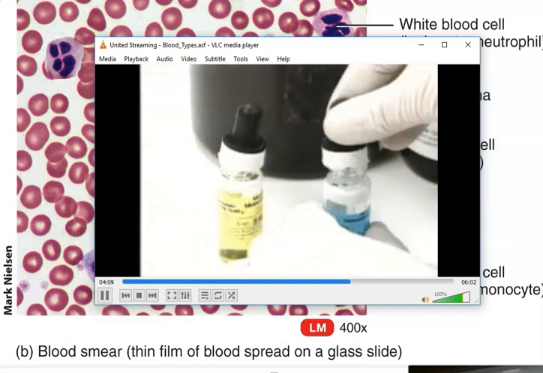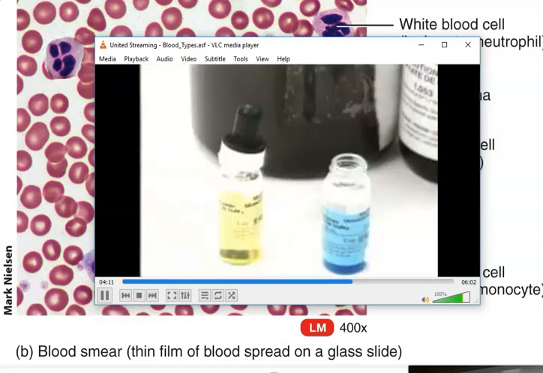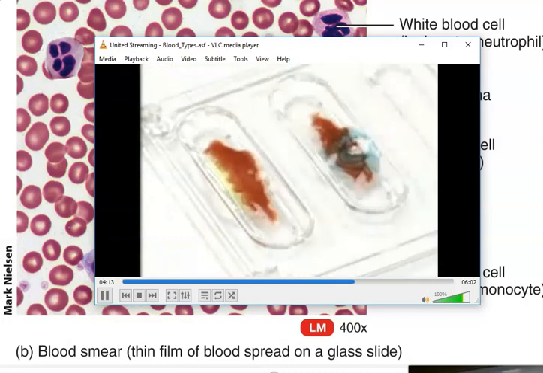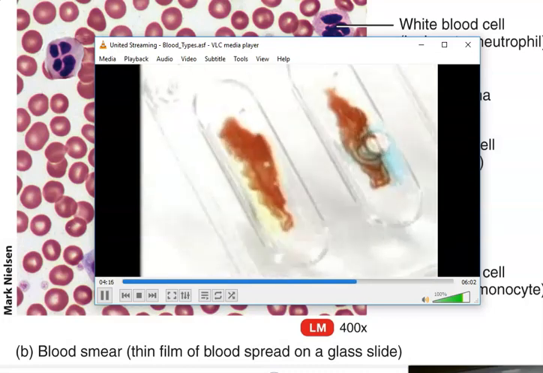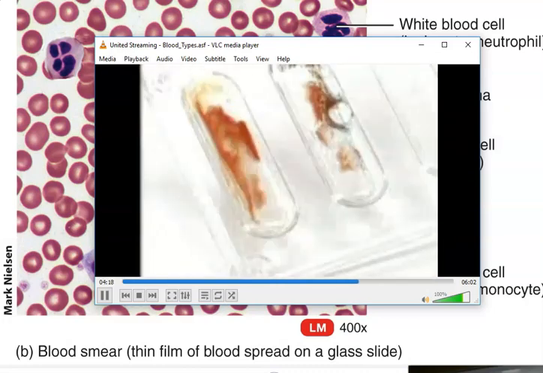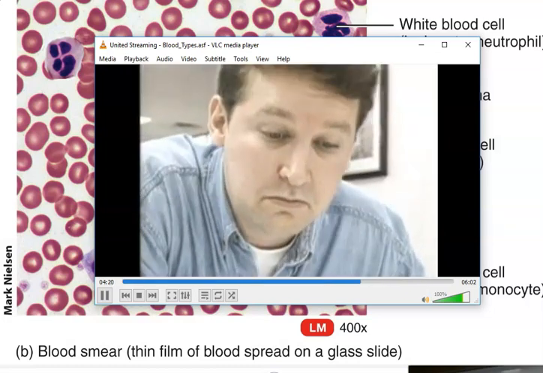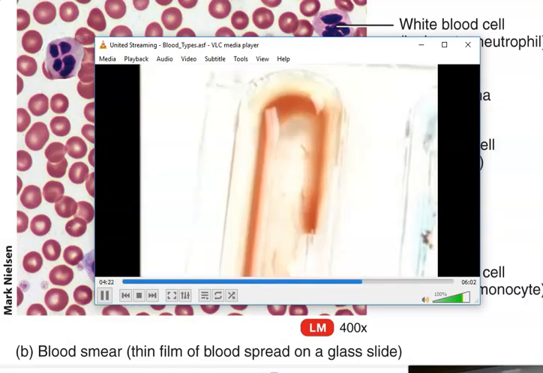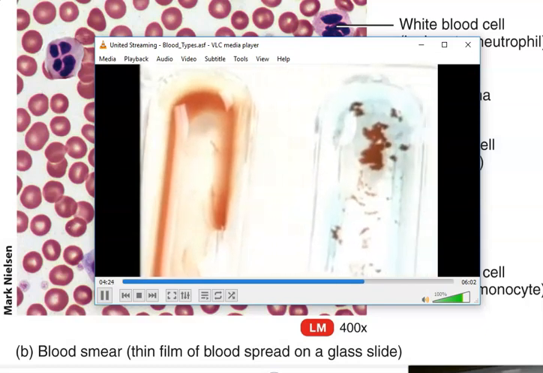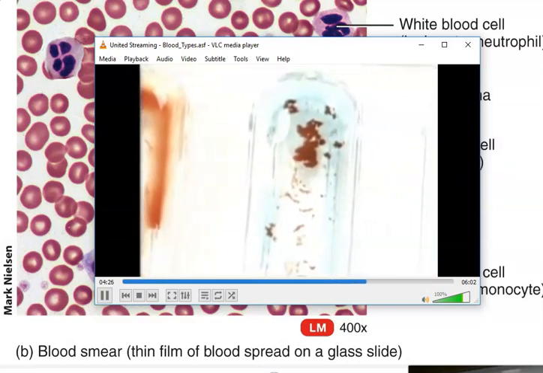To the other sample, we'll add a solution containing plasma from type B blood. Now we'll mix everything together, and there's your problem. The first sample looks normal, but in the second sample, the red cells have all clumped together into a sticky mess.